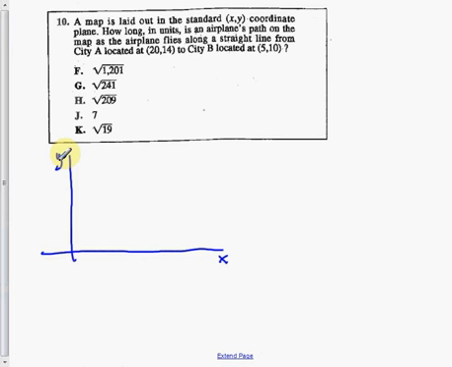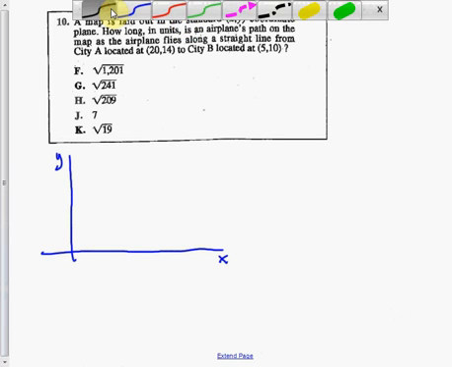So, a map is laid out in the standard XY coordinate plane. How long in units is an airplane's path on a map as the plane flies along a straight line from city A, located at 20, 14, to city B, located at 5, 10. So let's see if we can put that on the grid.